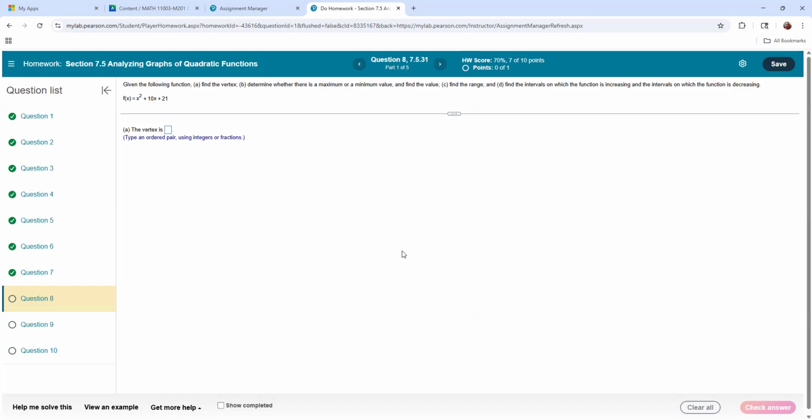All right, y'all, so let me do one like this. They want me to find the vertex, determine min or maximum value, the range. So there is something new. The range, intervals of increasing and decreasing.